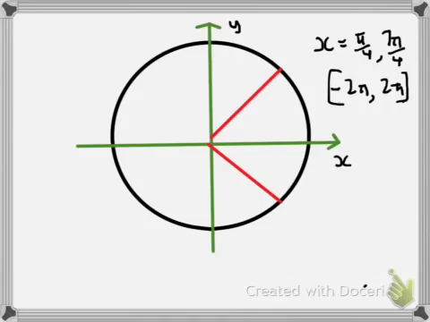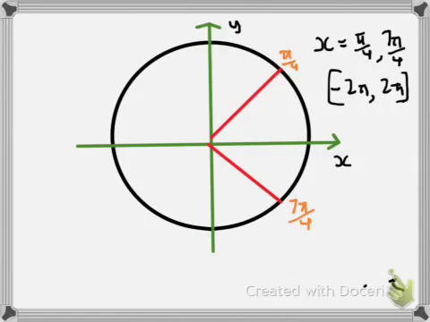Let's write those down. So we've got pi on 4, might do a different colour. Got pi on 4 there, and 7 pi on 4 here. Now what are their negative equivalents?